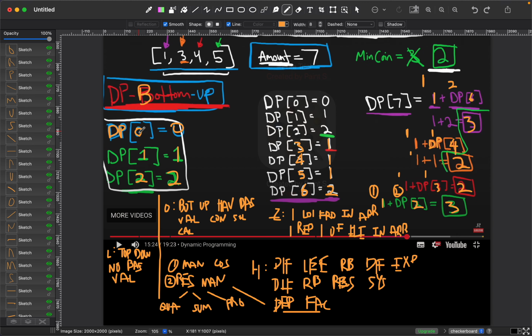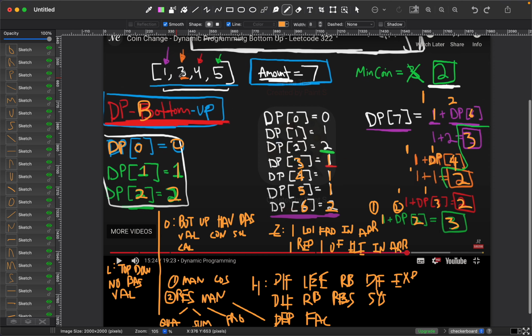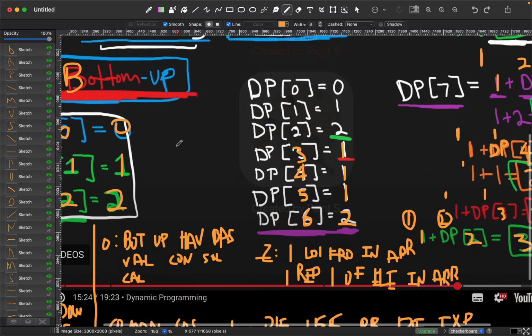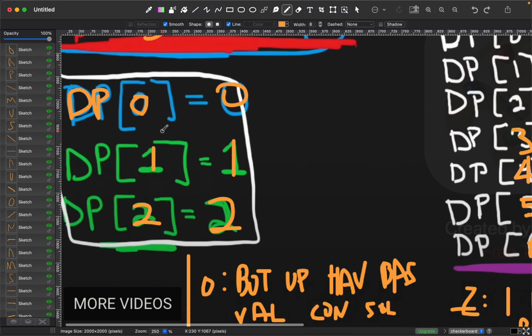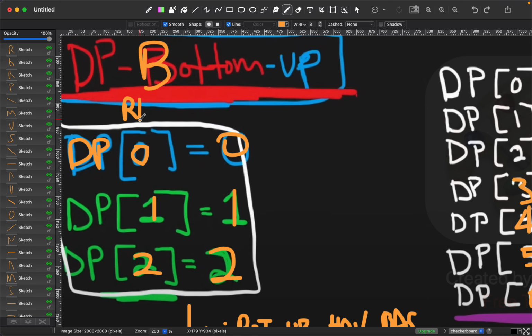So the result of the summation has to be 0, and how many quantity do we need? We need 0 of it. So in fact this is our result, this is the result summation, and this one is the quantity that's required.